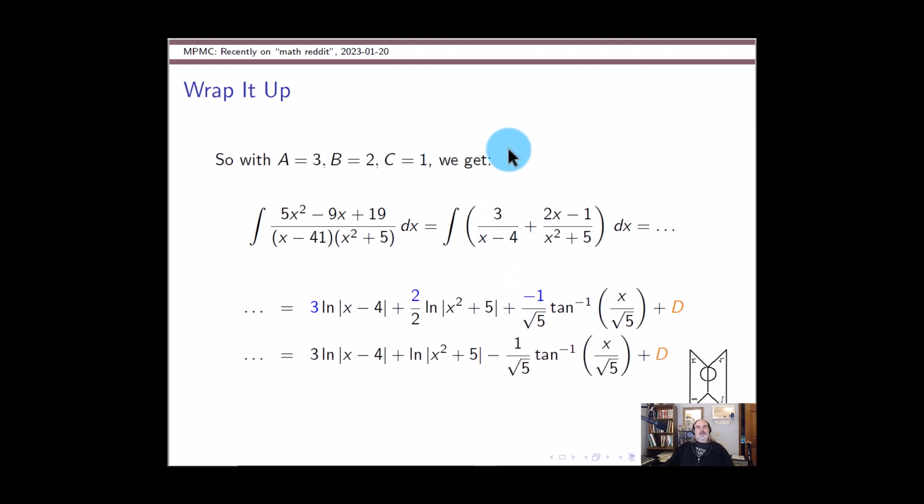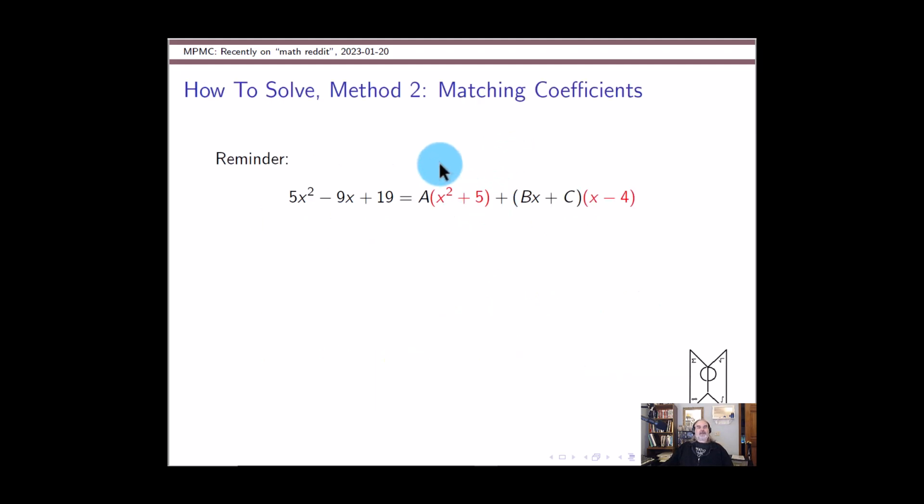Now, if you like the other method of solving for these coefficients, here's a reminder of what it is. This again was the partial fraction template after we'd multiplied both sides by the big denominator from the left-hand side. Instead of selecting clever values of x to plug in, we're just going to say, hey, there is a quadratic polynomial on the left and it has known coefficients.